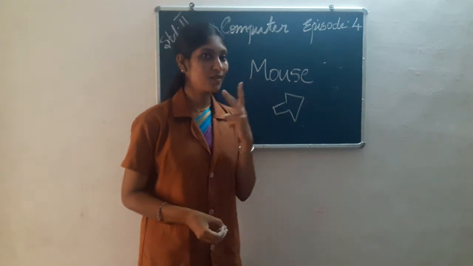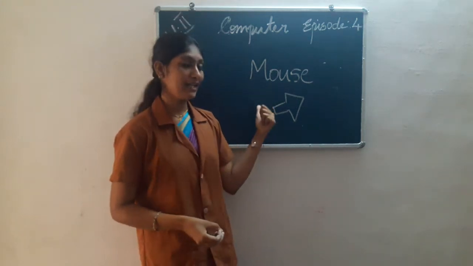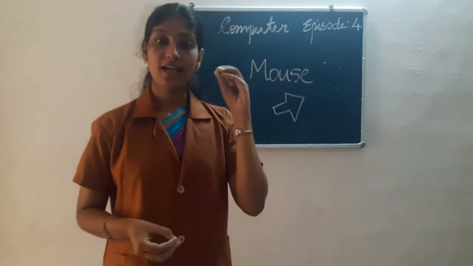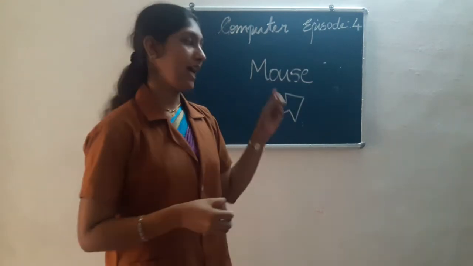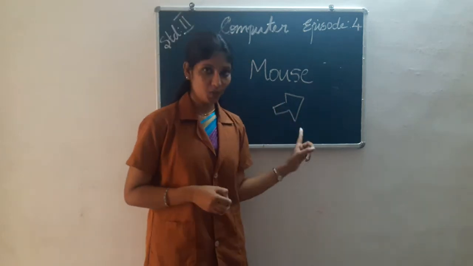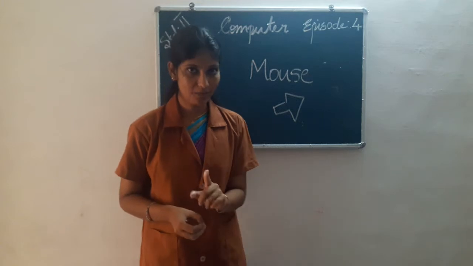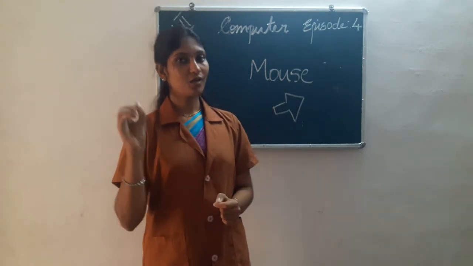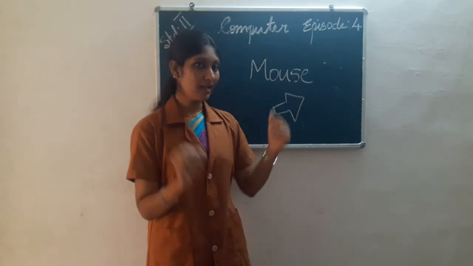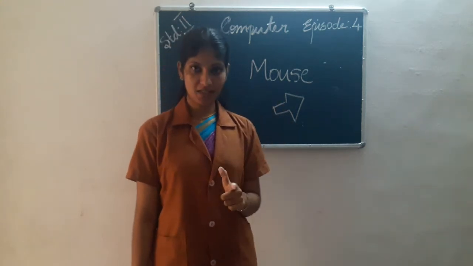So mouse has two buttons, left and right, and it has a pointer. That pointer is linked to the screen. And the pointer moves in the same direction as the mouse moves. That means the pointer follows the direction of the mouse. Which device has a pointer?